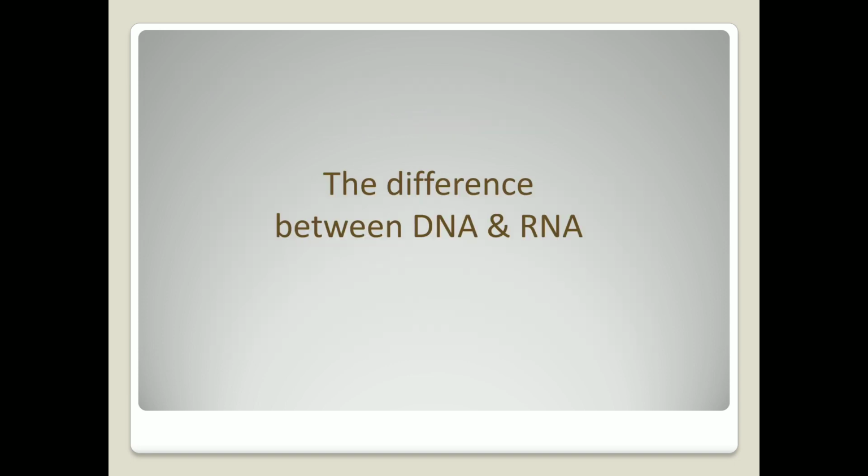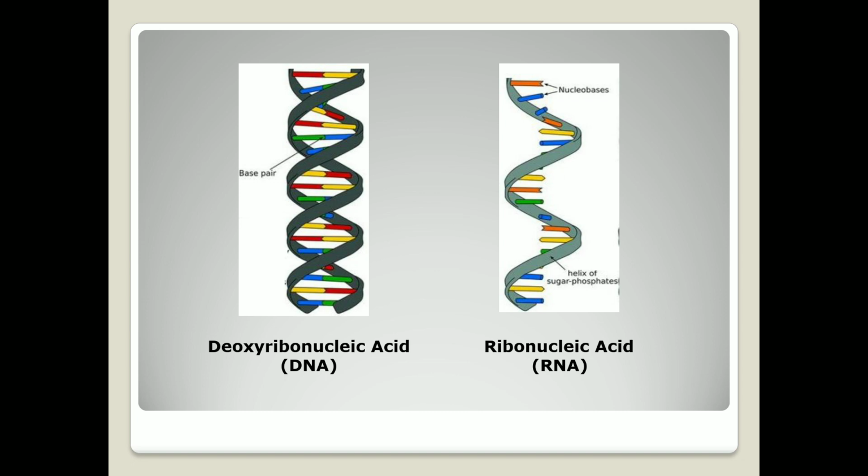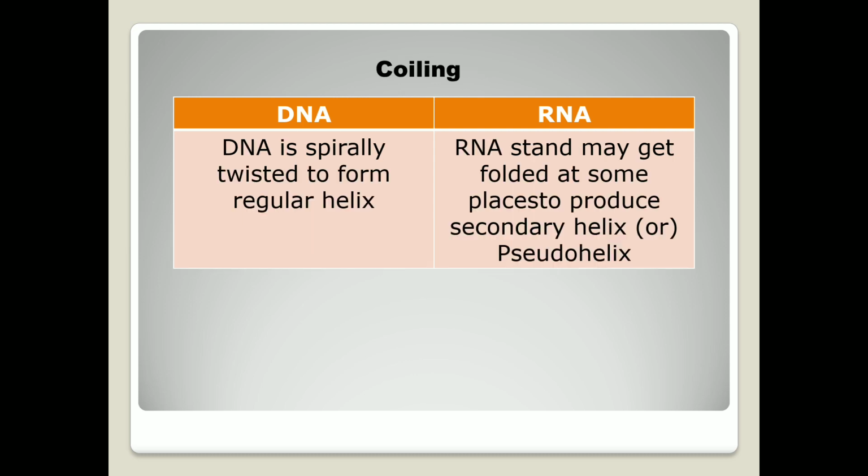The next topic is the differences between DNA and RNA. Coming to its name, DNA is also called deoxyribonucleic acid. RNA is also called ribonucleic acid. Coming to lifespan, DNA is long lived, but RNA is very short lived.